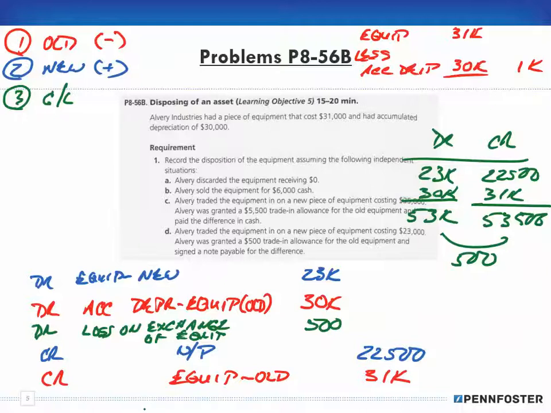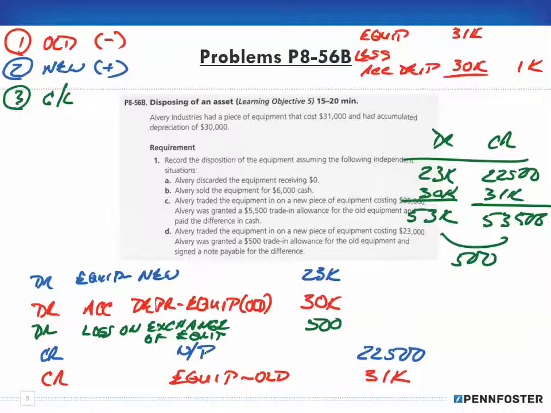Okay, right. So that's it for this particular problem. Okay. Again, if you don't understand something, pause and rewind the video, watch it again, and just realize that in this particular case, the note payable is an old concept. You should already know that.